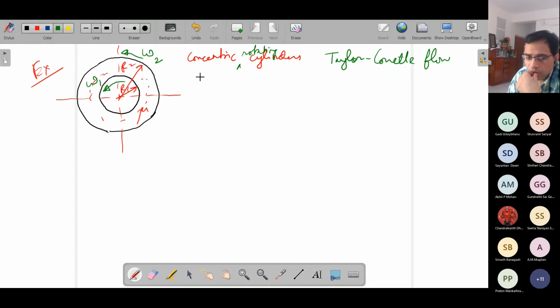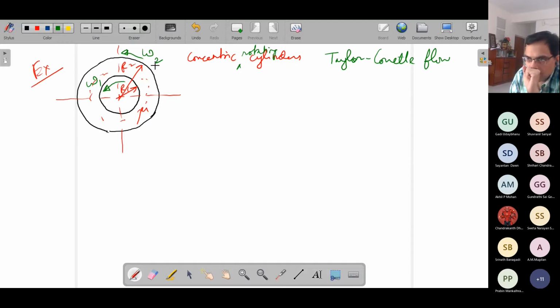Now again, what is the motivation of studying this problem? One motivation we have earlier mentioned: imagine a bearing and a shaft. You could imagine the inner cylinder to be the shaft and the outer cylinder to be the bearing with omega 2 equal to 0. That is the example we talked about earlier.